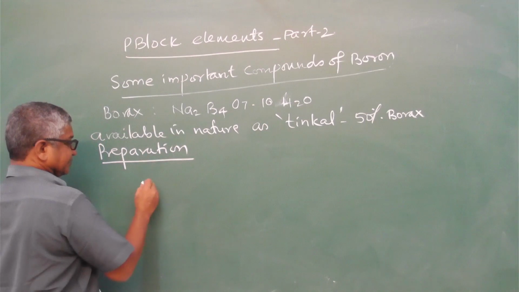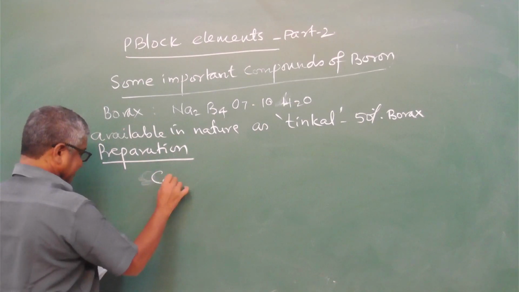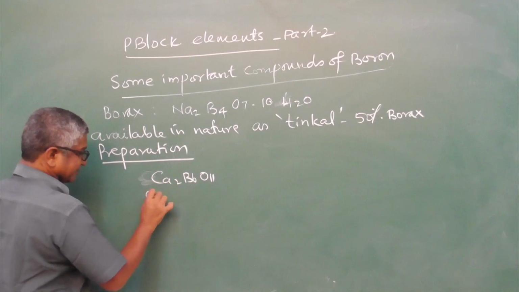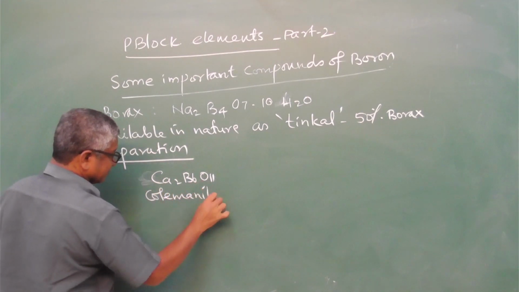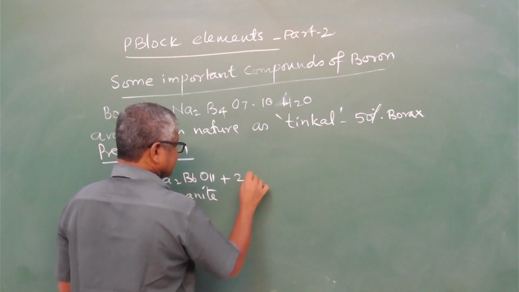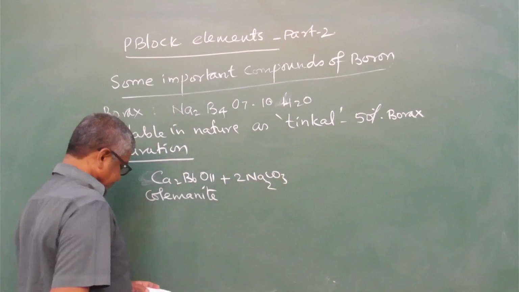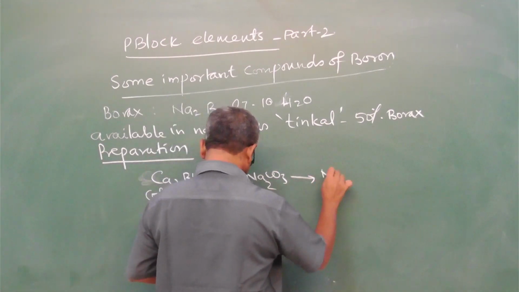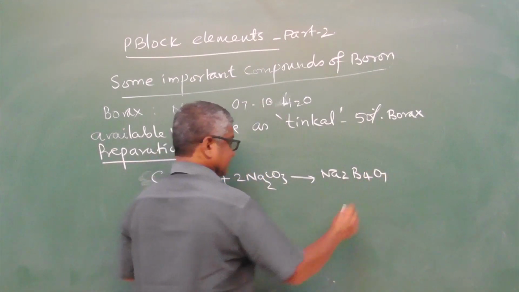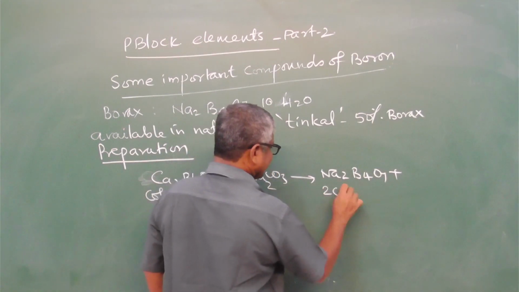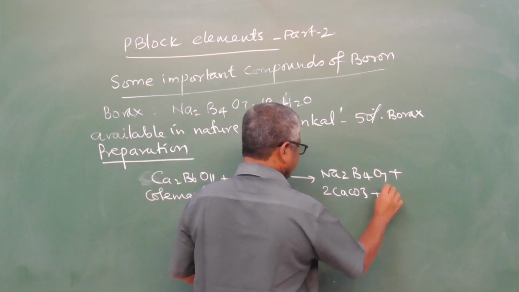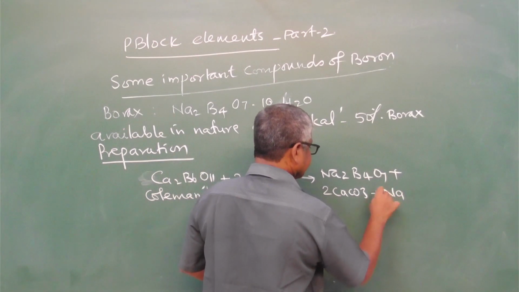We are taking the ore Ca2B6O11, colemanite. Colemanite treated by boiling with sodium carbonate produces sodium tetraborate, calcium carbonate and sodium metaborate.